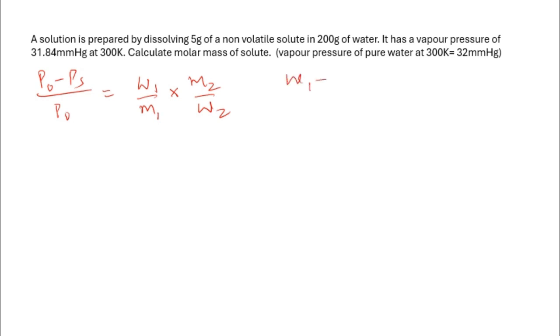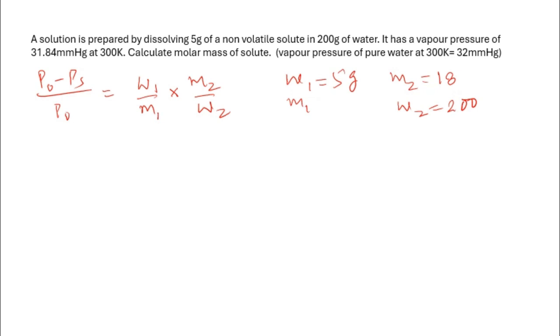W1 equals 5 gram. M1 we have to calculate. M2, because the solvent is water, is equal to 18, and W2 they have given 200 gram of water, so 200.